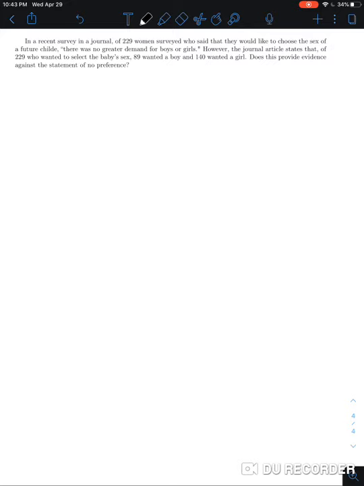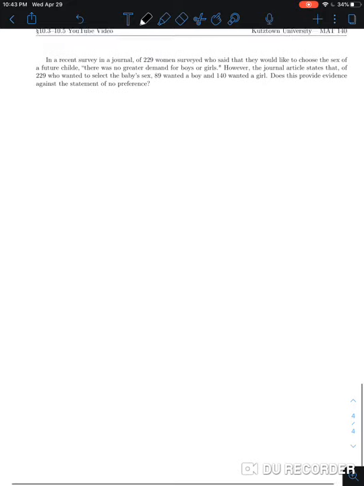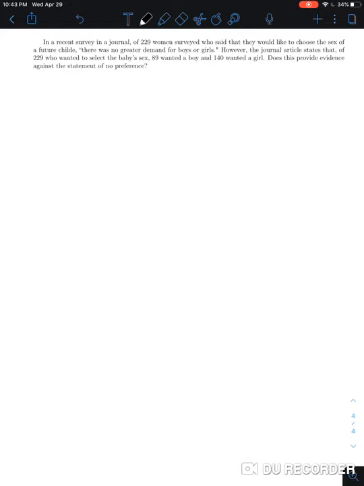And the journal states that there was no greater demand for boys or girls. So they said there really is no preference. However, the journal article then states that of 229 women surveyed who wanted to select the baby's sex, 89 wanted a boy and 140 wanted a girl. So does this provide evidence against the statement of no preference? Basically, was the journal okay in saying that there is no greater demand for either boy or girl?